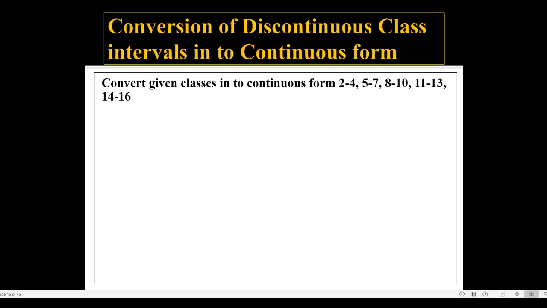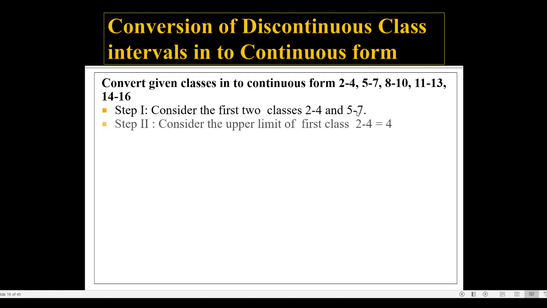For continuous form, here we have to select upper limit of first class and lower limit of second class, and if we take mid value of these two, means 5 plus 4 upon 2 which is 4.5 is our mid value of this. So for this consider first two classes 2 to 4 and 5 to 7.